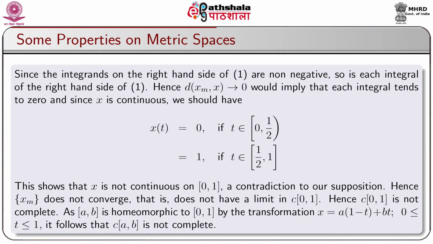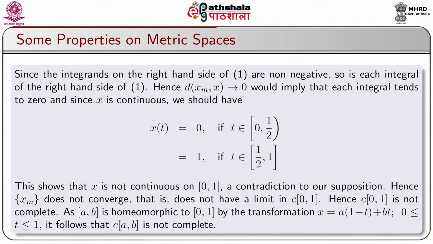This shows that x is not continuous on [0, 1], a contradiction to our supposition, because we have taken that x_n converges to x where x is taken in C[0,1].